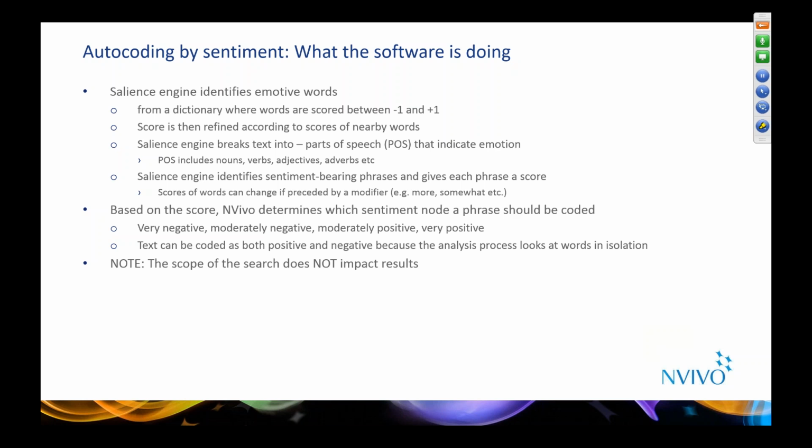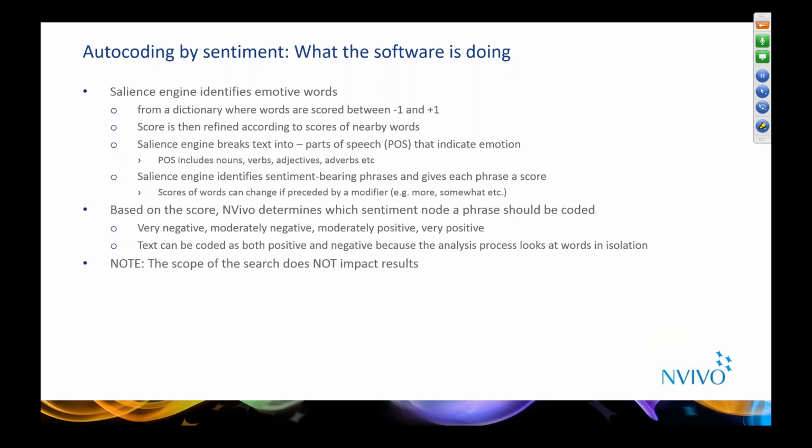And then the salience engine identifies those sentiment-bearing phrases, those phrases that have sentiment, and gives those phrases a score. And then what NVivo does, based on that score, is determine where that phrase should be coded. And the codes are whether it's very negative, moderately negative, moderately positive, or very positive.